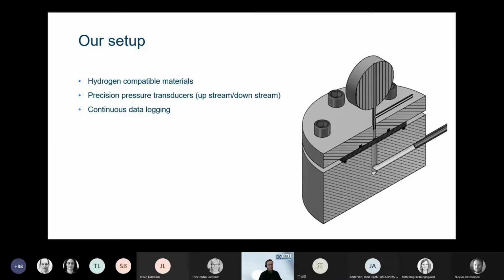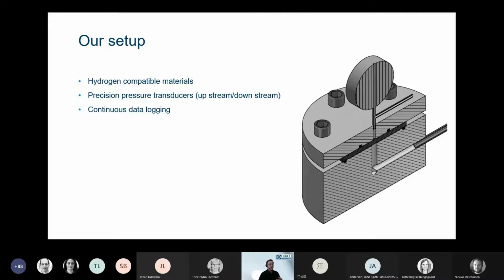Essentially, like you have to do when you consider using a specific material in hydrogen applications, we also have to consider what materials we can use to build this cell, and what pressure transducers can actually maintain their position even though they are exposed to hydrogen. Some will be affected by the hydrogen building up, even causing a drift.